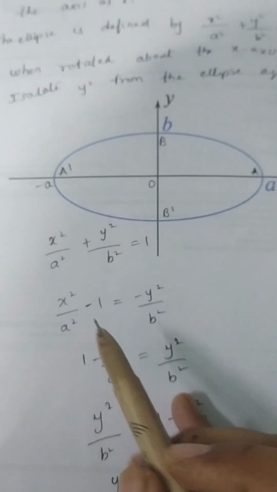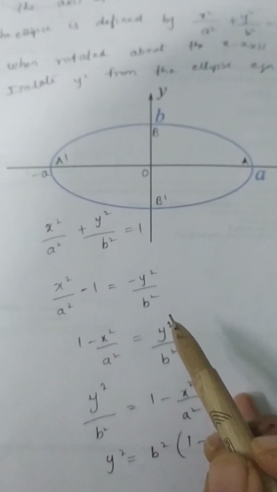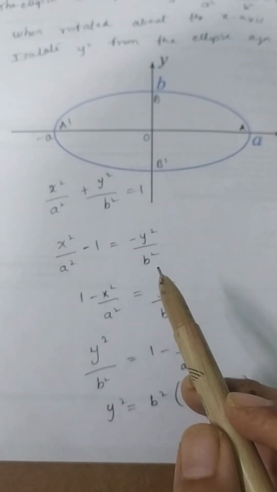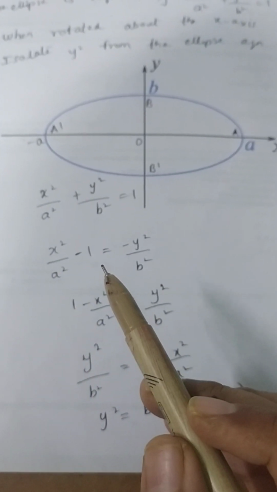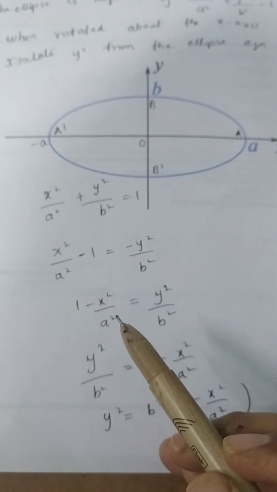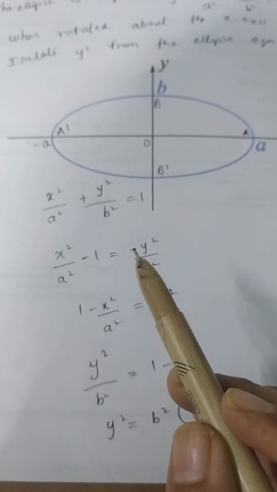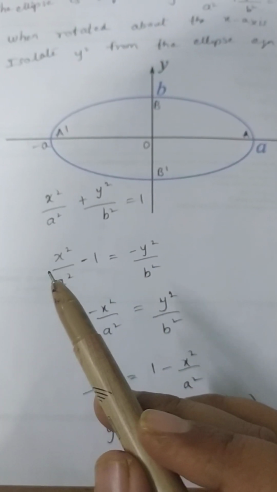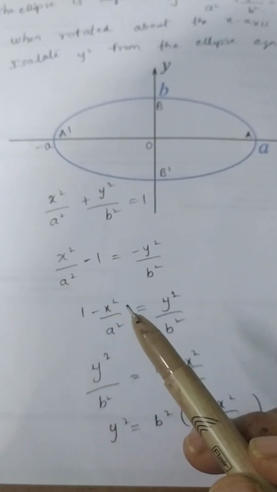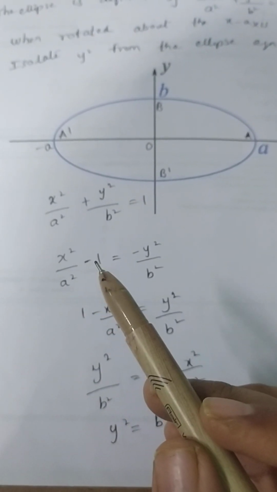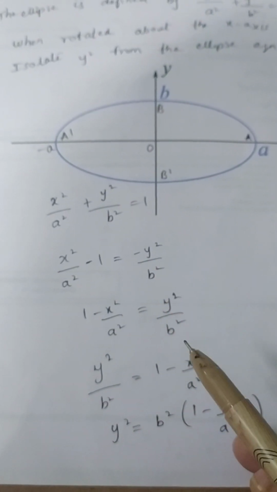X square by a square minus 1 is equal to minus y square by b square. So now, multiplying by minus, 1 minus x square by a square is equal to y square by b square.